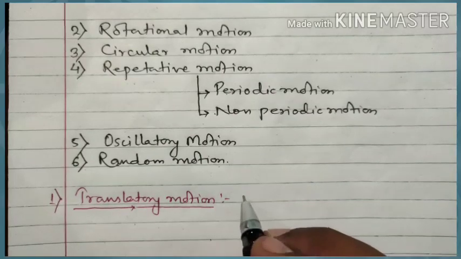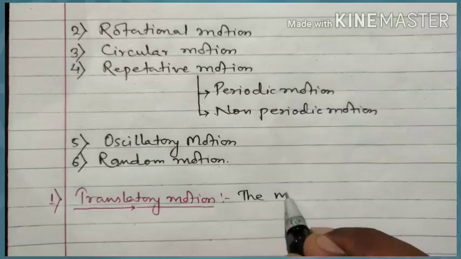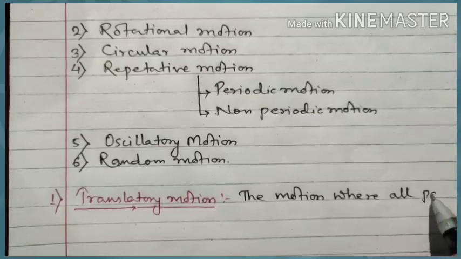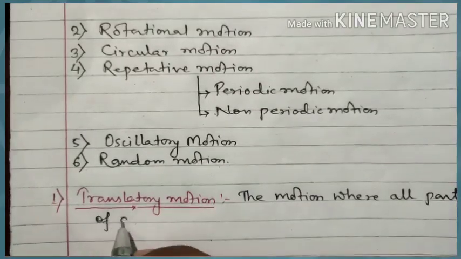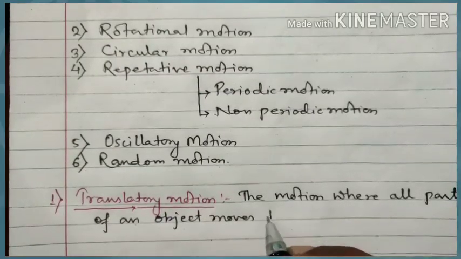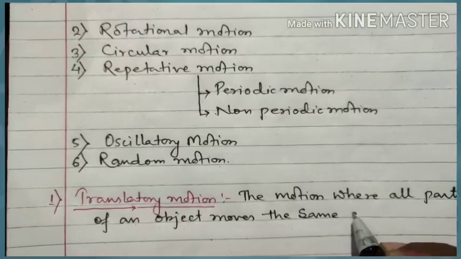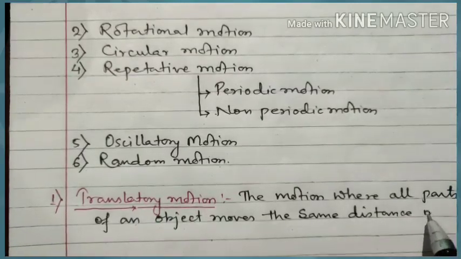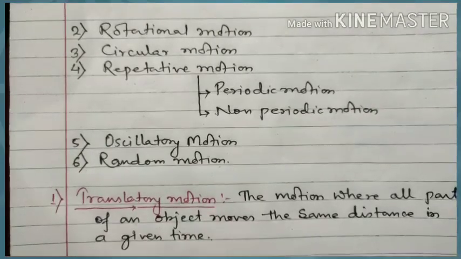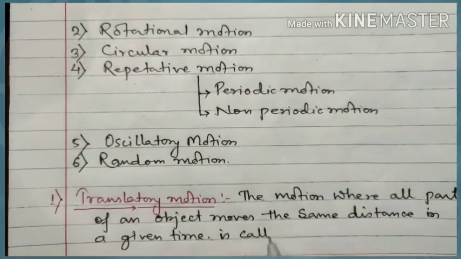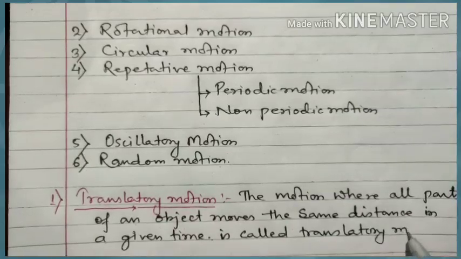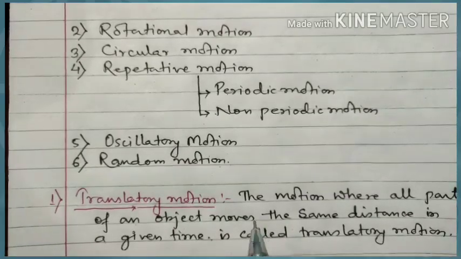We can say that the motion where all parts of an object move the same distance in a given time is called translatory motion.